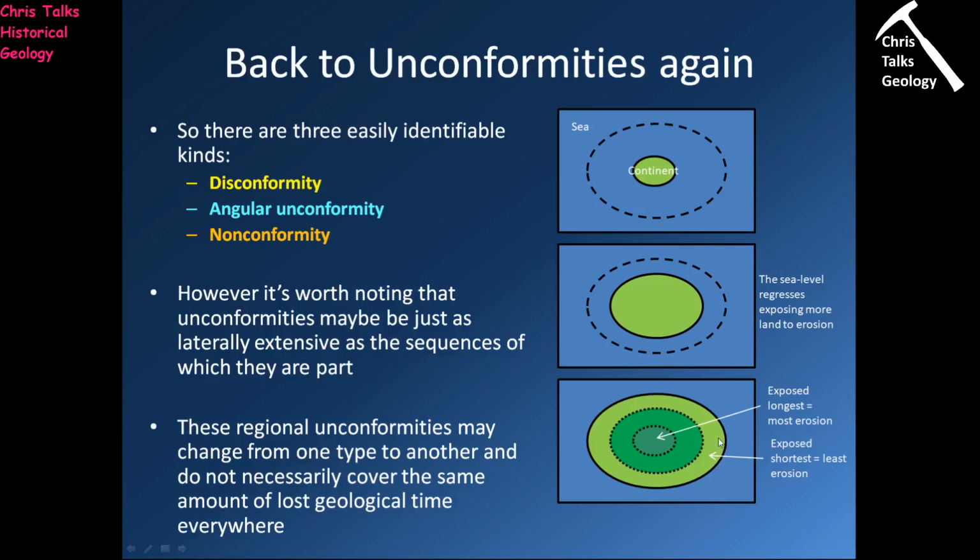In contrast, the rocks out here, well, they will have suffered a lower degree of erosion, and as such you will have lost less material, and so the unconformity out here will represent less lost time. And so we need to remember this, that when we're talking about stratigraphy, we're not just thinking in the vertical, we're also thinking in the horizontal as well. And this applies to unconformities just as much as it does to layers of sedimentary rock.